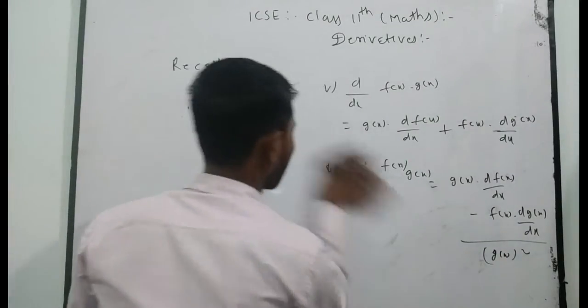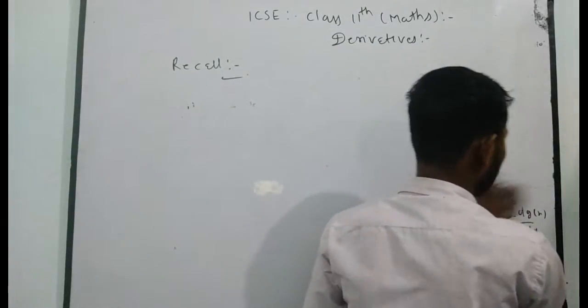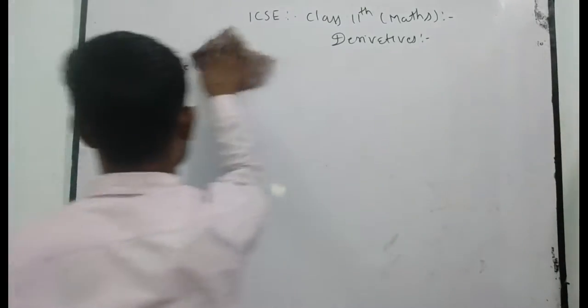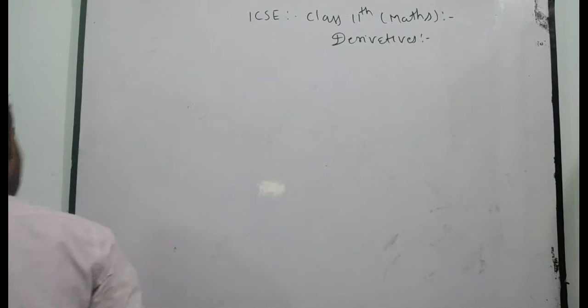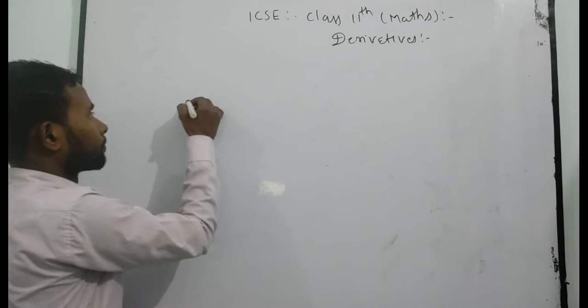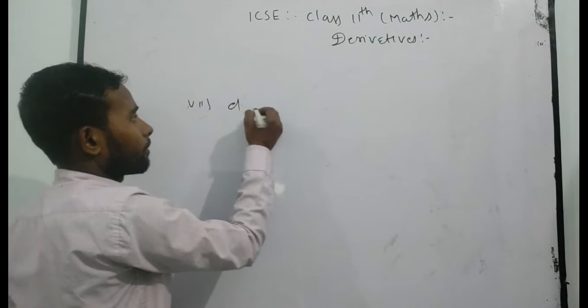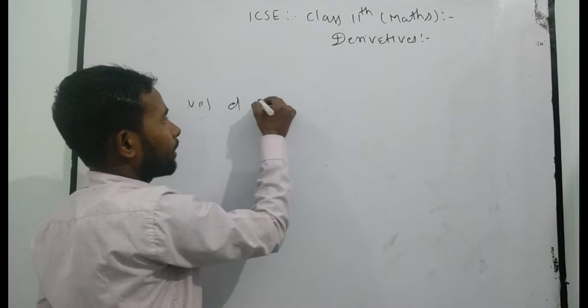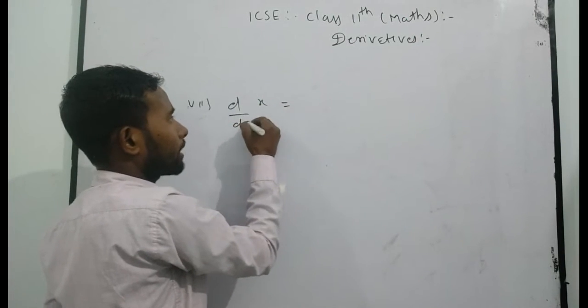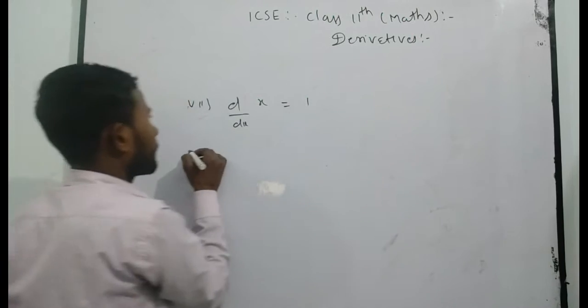Next property: the derivative of x with respect to x is equal to 1.